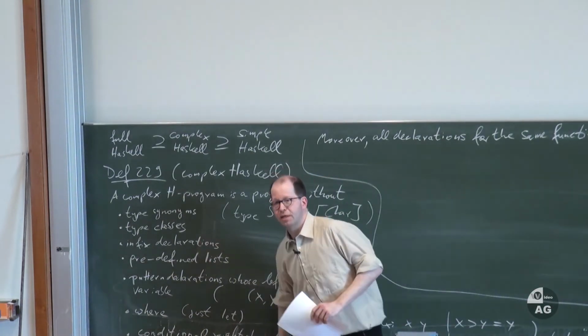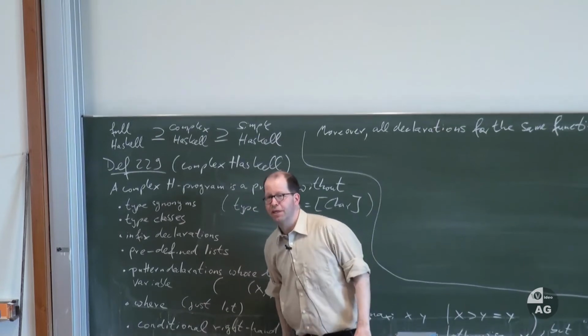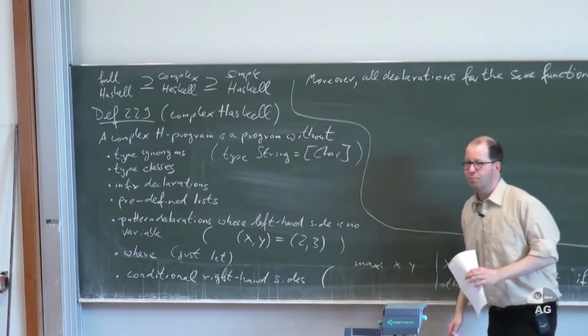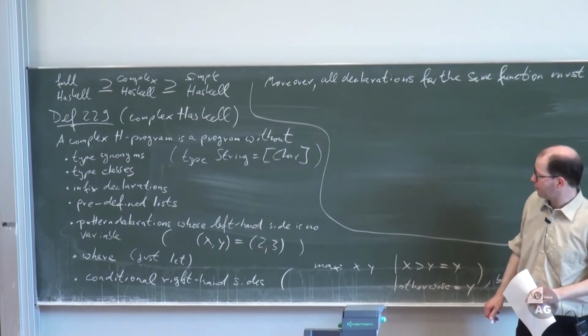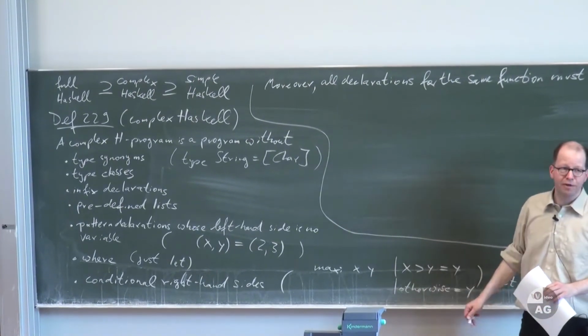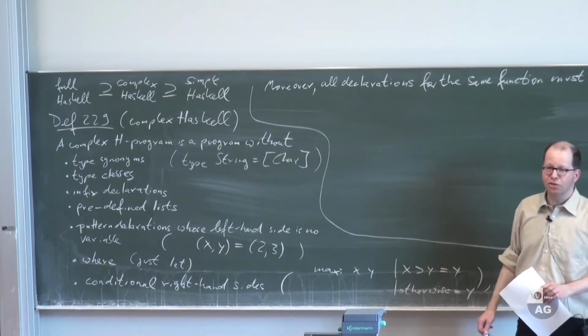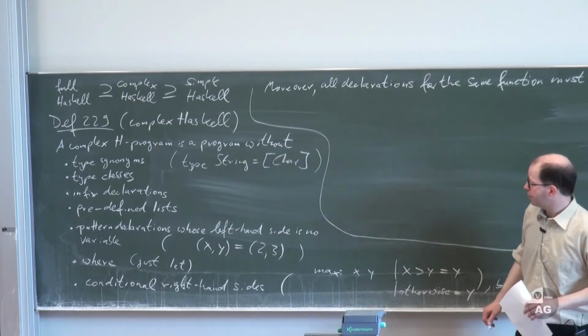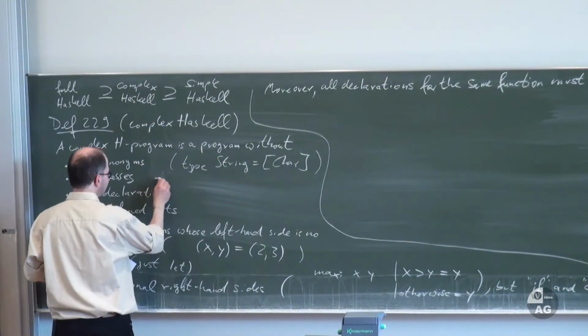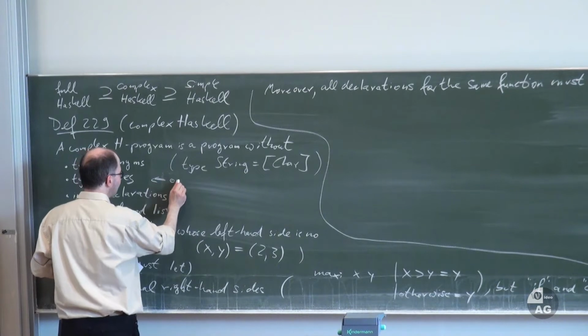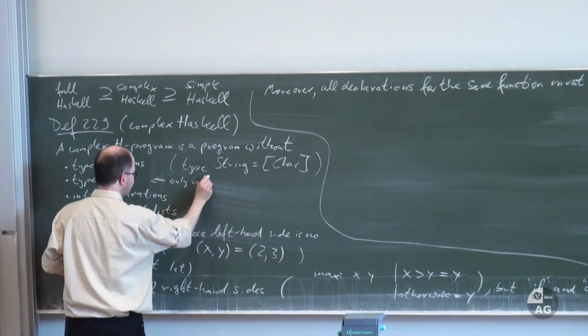We excluded type classes. So unfortunately, I won't show you how to transform programs with monads or which exploit type classes. But apart from that, all the rest is just syntactic sugar, which you can easily transform. And you could add this to the transformation, but that would make it a little longer. So this is the only real restriction that we have here.